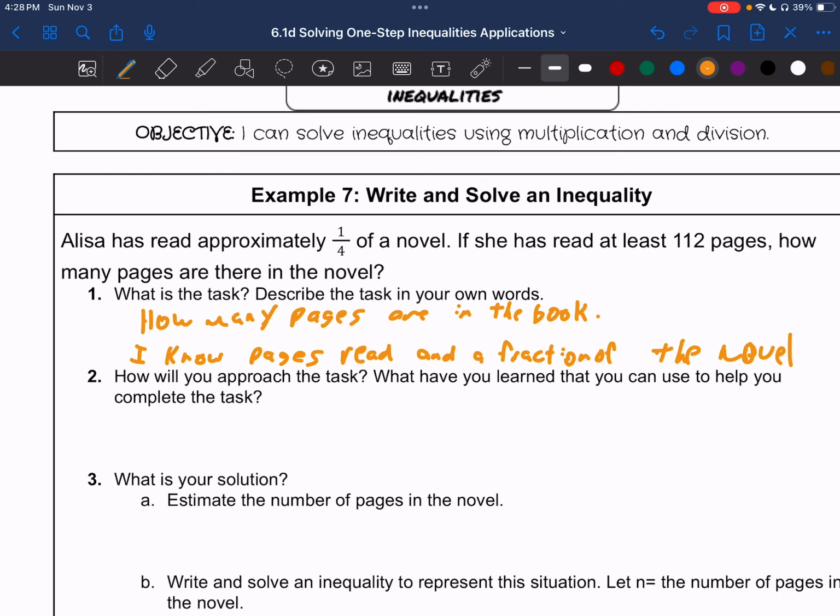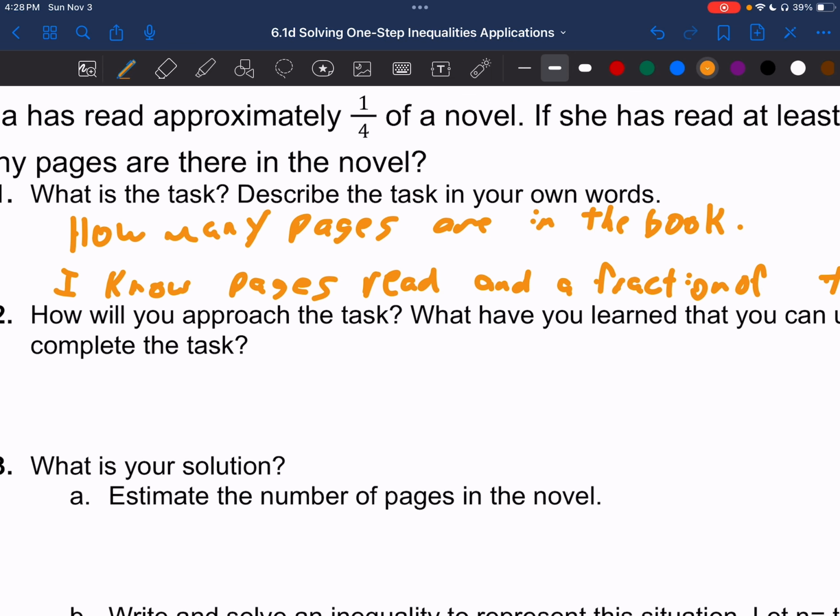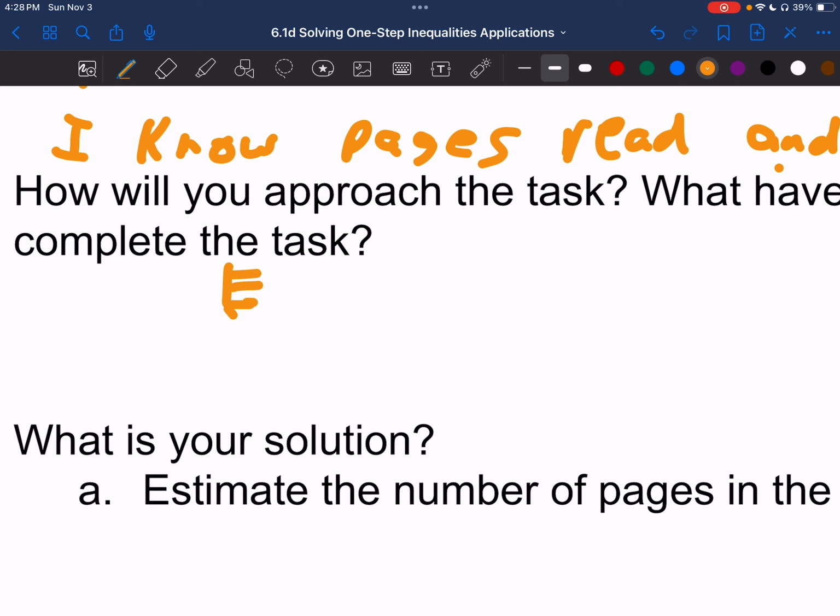One thing that we could do whenever we have problems like this is make an estimate. That's going to help me analyze whether or not the solution that I come to is reasonable. So I'm going to estimate first.